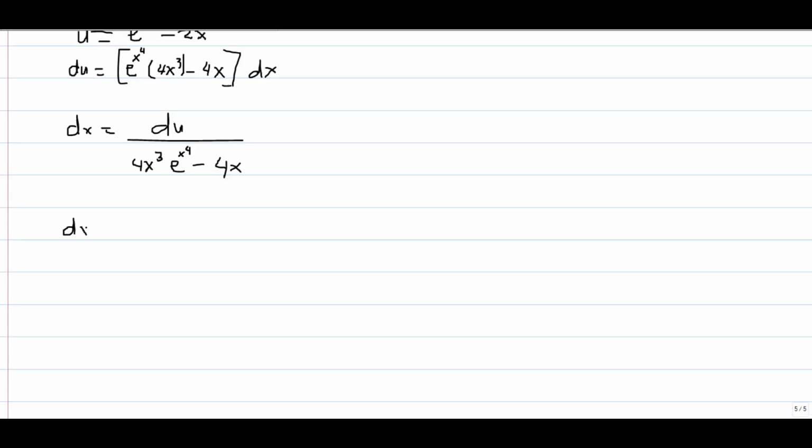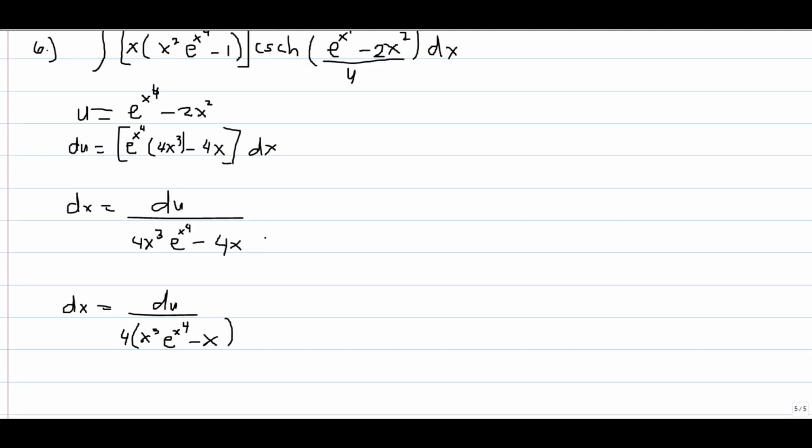Or dx also equals du over 4 times the quantity x cubed e to the power x to the fourth, then minus x.